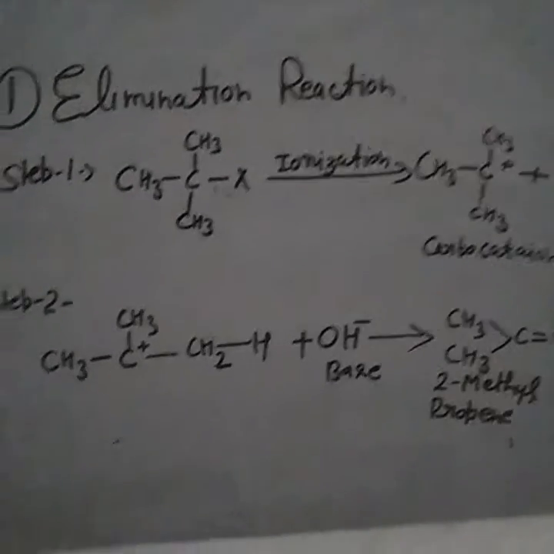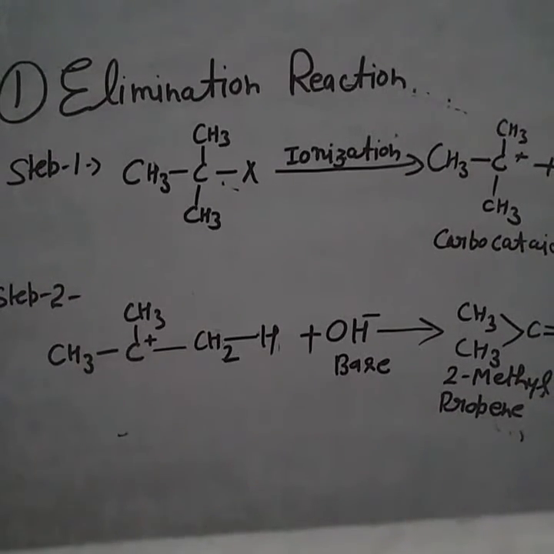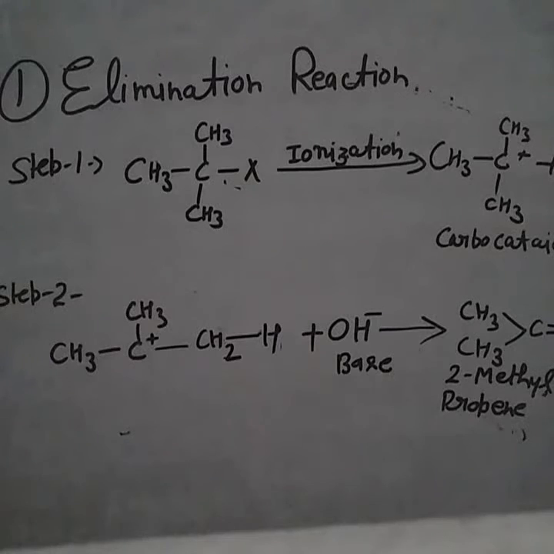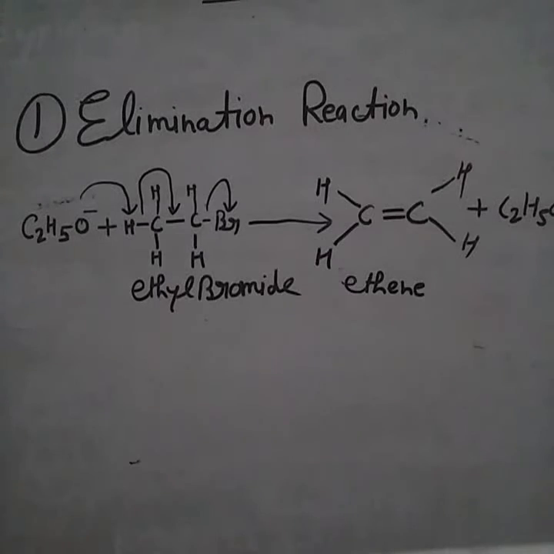The second elimination reaction is the E2 reaction. In E2 reactions, it is bimolecular since substrate and base are involved in the rate determining step, and the product is obtained through the formation of a transition state.